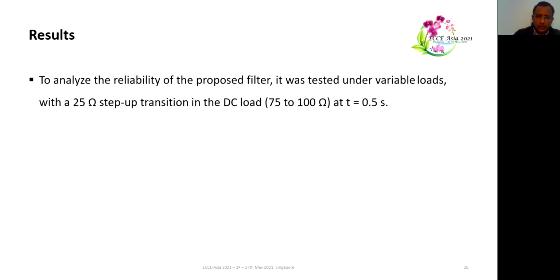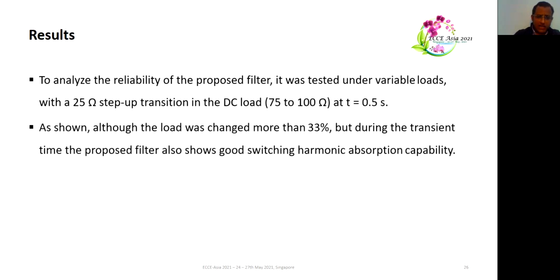To analyze the reliability of the proposed filter, it was tested under variable loads with 25 ohm step-up transition in the DC load at the time of 0.5 seconds. As shown, although the load was changed more than 33%, during the transient time, the proposed filter also shows good switching harmonics absorption capability.